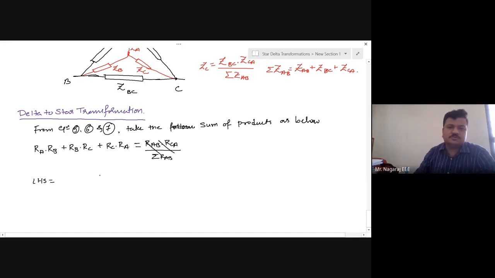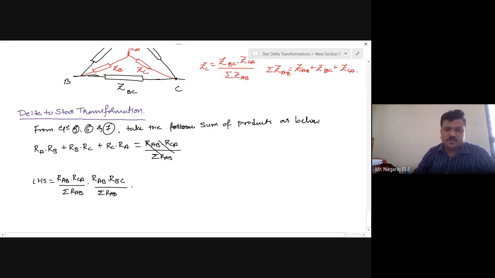LHS equals RA into RB. RA is RAB into RCA divided by summation RAB, into RB, which is RAB into RBC divided by summation RAB.